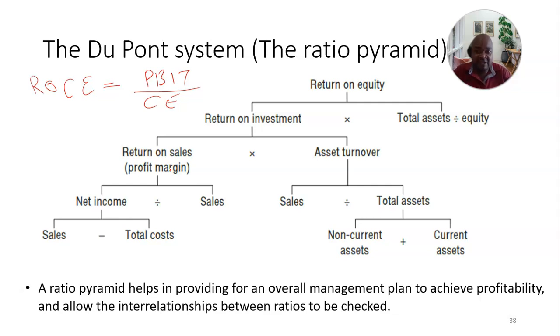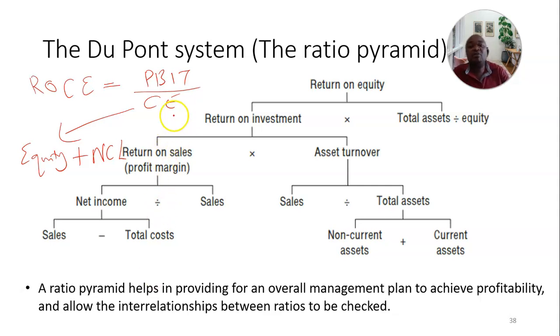However, when we say capital employed, we are simply saying that this is long-term capital. So we are looking at the equity capital plus the non-current liabilities. Capital employed is derived from the statement of financial position, where you have to add the equity amount as well as the non-current liability amount.